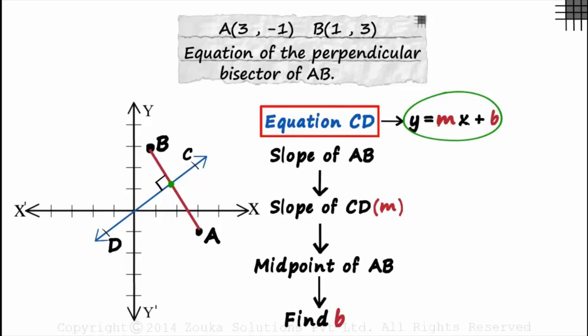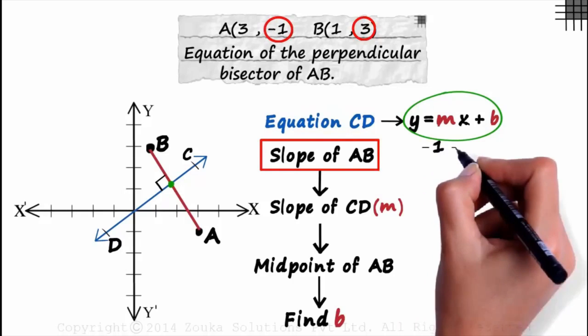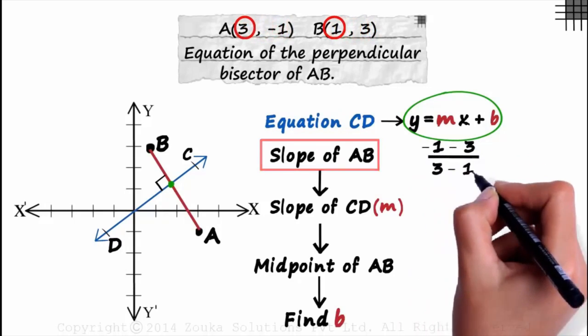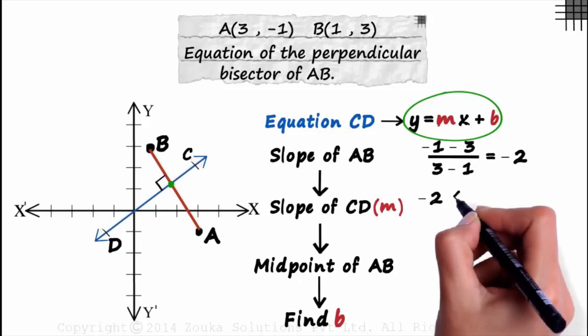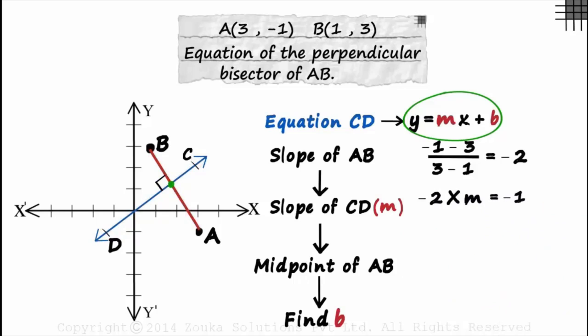So let's compute the slope of AB. The slope of AB is -2. So the slope of CD, the reciprocal of AB's, is a half.